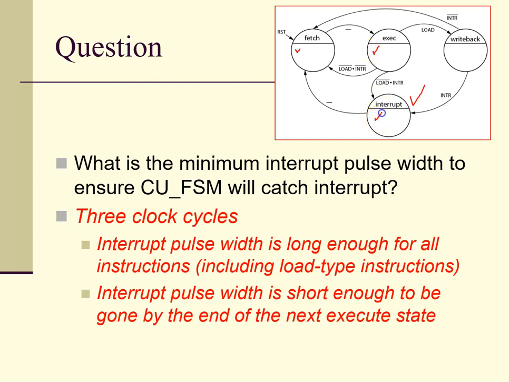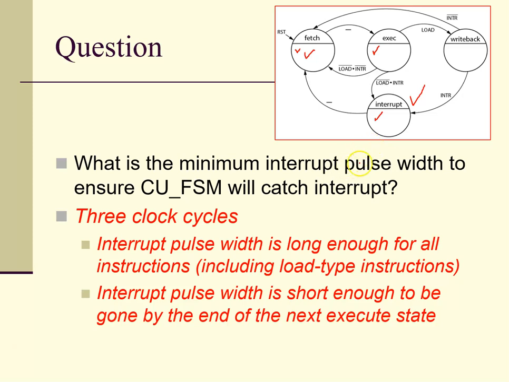This is the third clock cycle, and the interrupt is still asserted. It gets me into the interrupt cycle. So there are my 3 clock cycles. Somewhere when it comes back here, if it's 3 clock cycles long, it turns off. So there's actually no possibility that it's going to be executed twice by a non-load instruction.